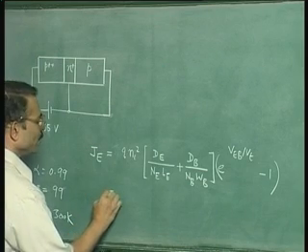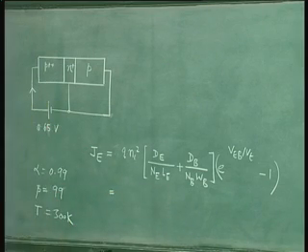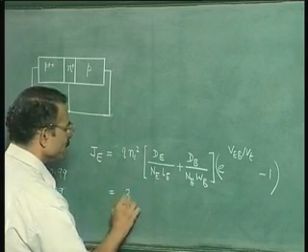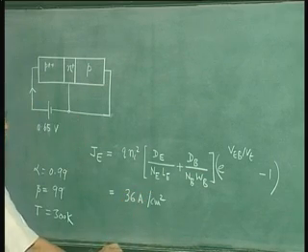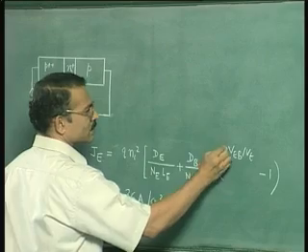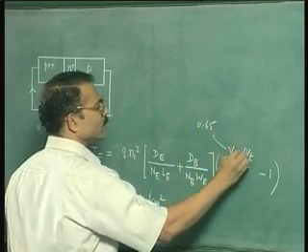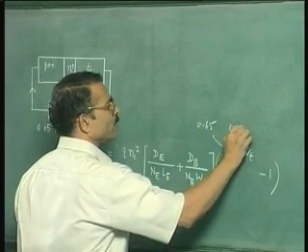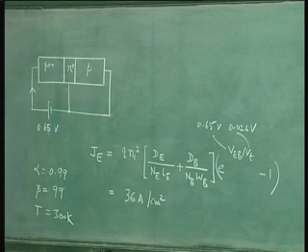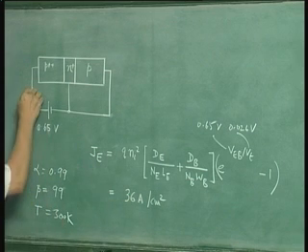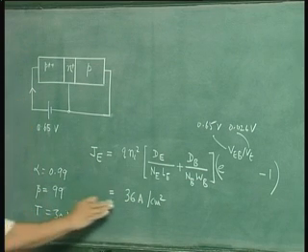So if you evaluate this, I leave the calculation to you, you will find the answer to be 36 ampere per centimeter square, where this VEB is 0.65 volts and VT is 0.026 volts. So this is the current density, emitter current density, that is the current density flowing here. Now what does this mean?